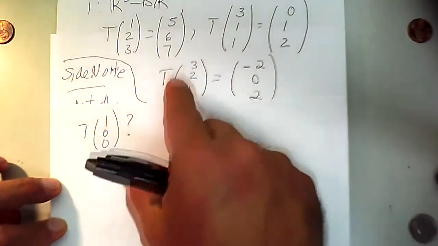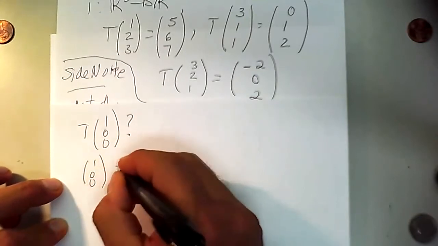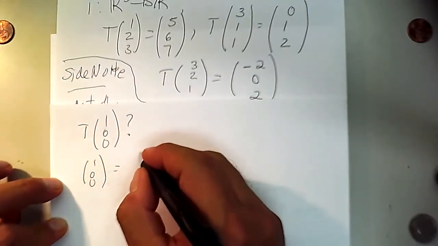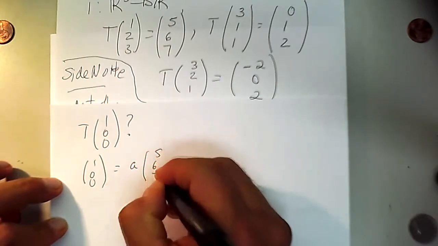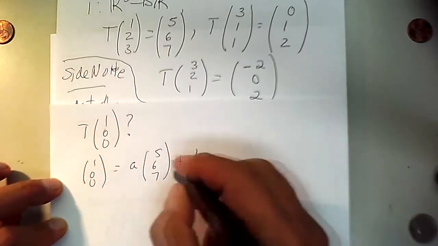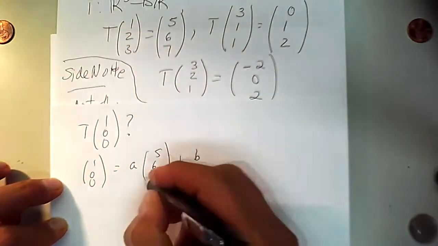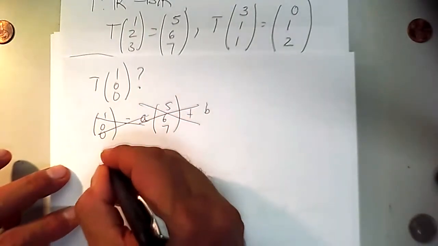So first, we want to rewrite 1, 0, 0 as a linear combination of 1, 2, 3, so A times 1, 2, 3, plus B. Let's just write it up down here, 1, 0, 0.